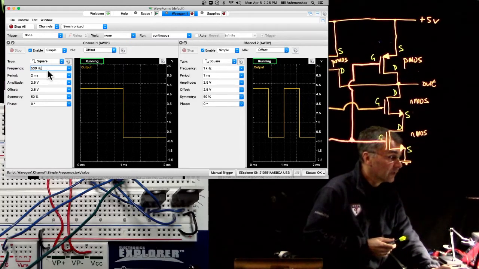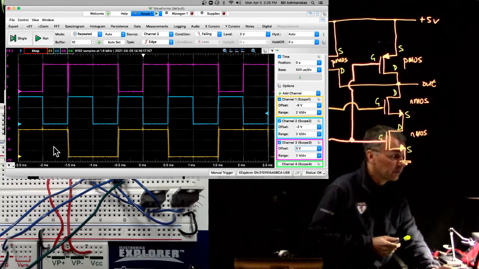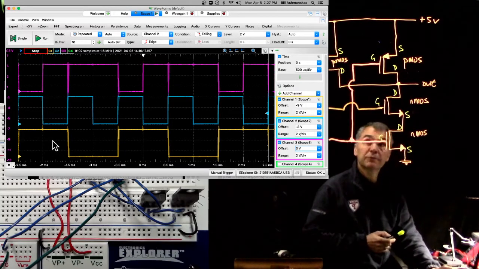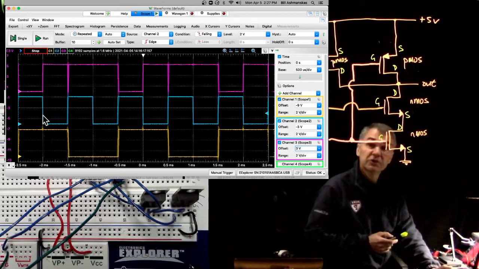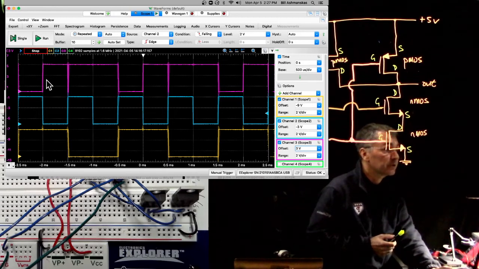Channel 1 is a 500 hertz square wave. They're both going between 0 volts and 5 volts. Scope channel 1, which is yellow, is looking at the input A. Scope channel 2, which is blue, is looking at input B. And scope channel 3, which is magenta, is looking at the output.